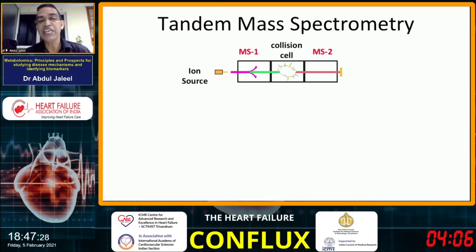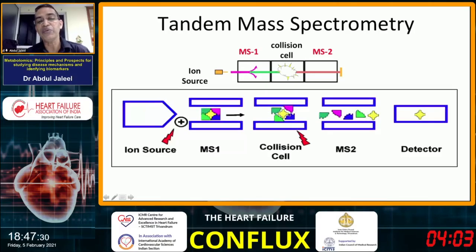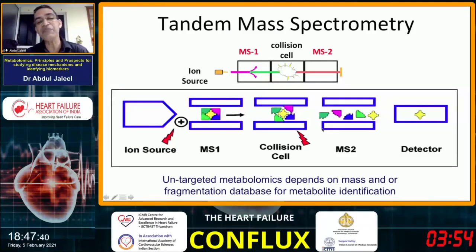So what we do is fragment the compound into different daughter ions or fragments, detect all the fragments and identify the compounds. This is basically done in the untargeted method also, where all the compounds are fragmented and all the fragments are identified. So untargeted metabolomics depends on the mass and/or fragmentation database of metabolite identification. We need a database search for identifying the compound based on the mass or fragmentation.